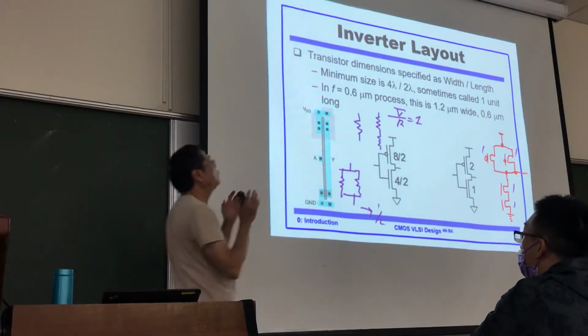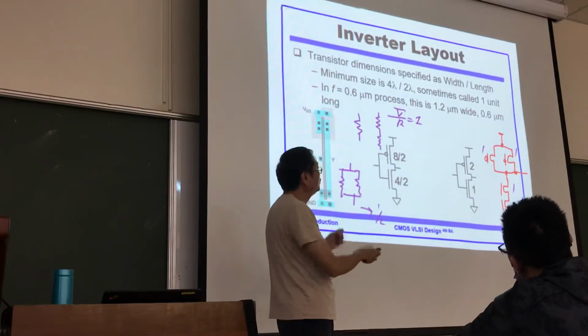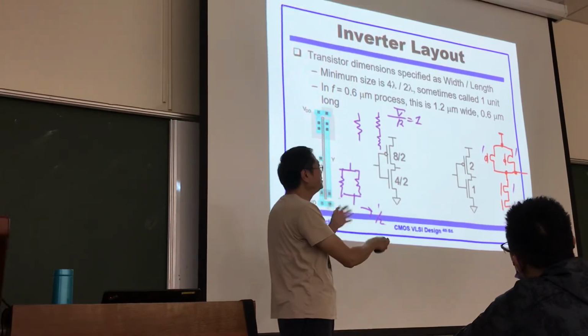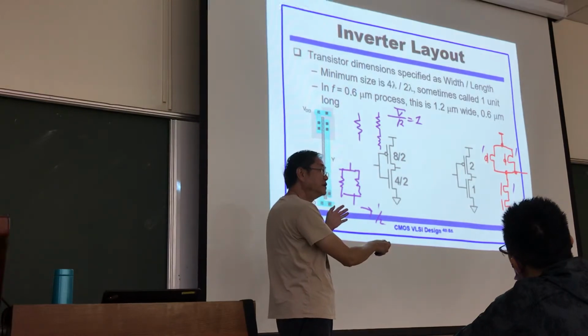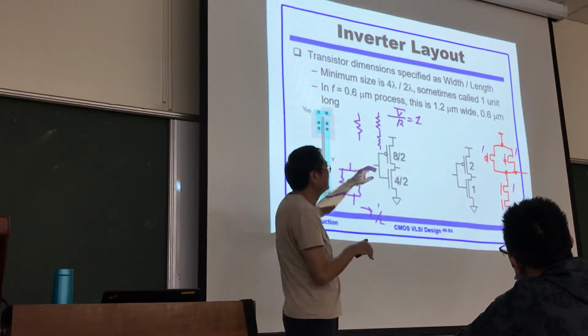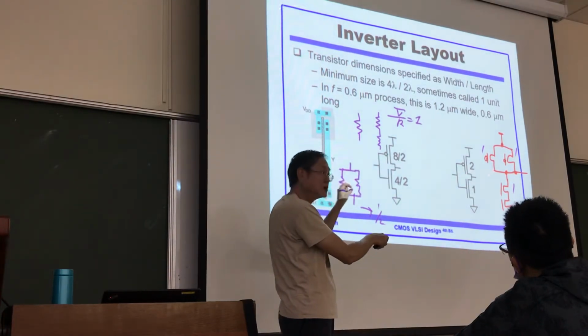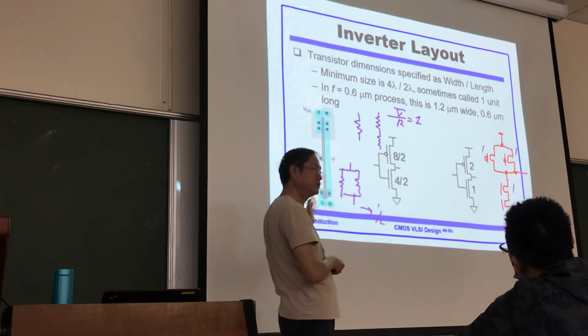However, we are considering the worst case, meaning when the P network is on, it could be only one PMOS transistor is on, the other one is off. So when you compare P and N, you should take only one PMOS transistor into consideration if this is a parallel connection.